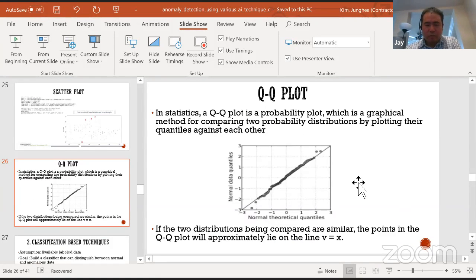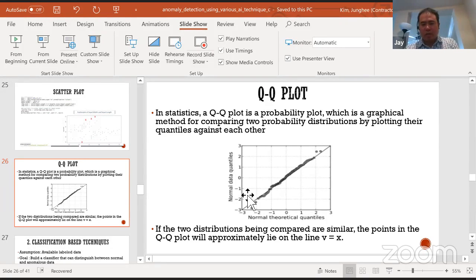And then the QQ plot is a little bit different. You can see the normal theoretical quantile, which means a normal distribution, but this is theoretical. We choose the closest normal distribution, and the y-axis is the actual value.